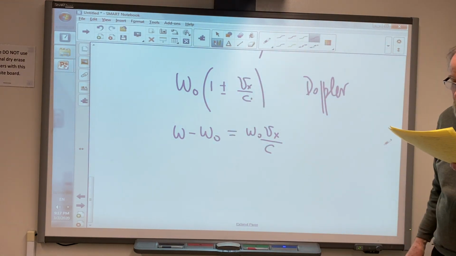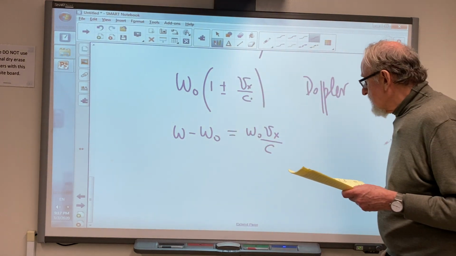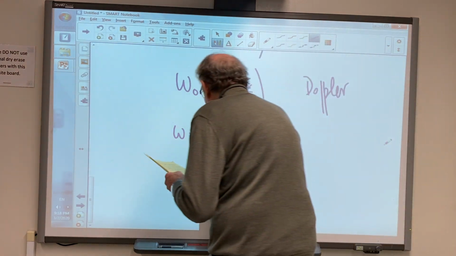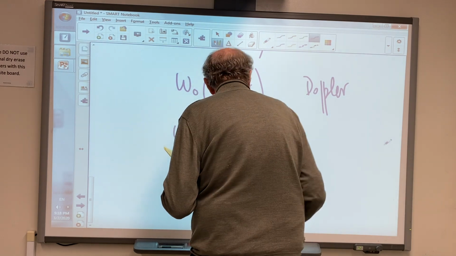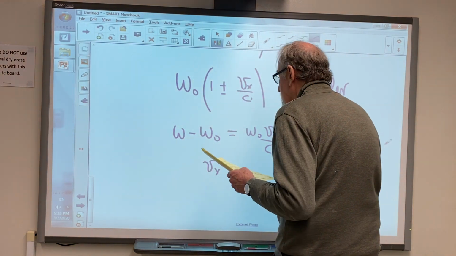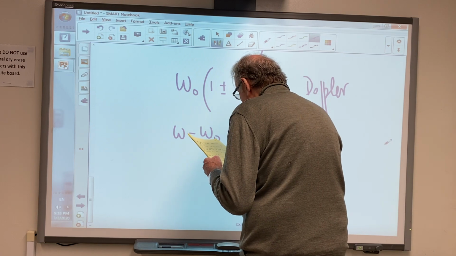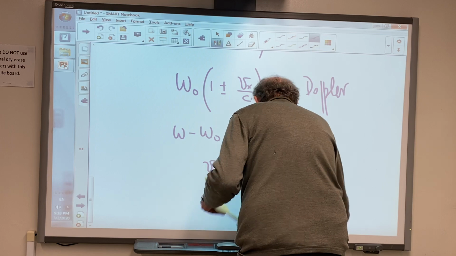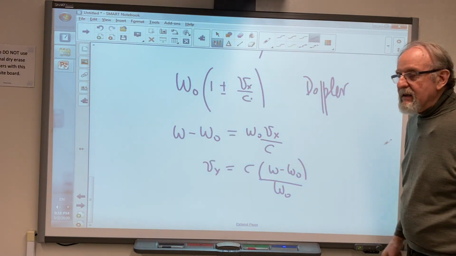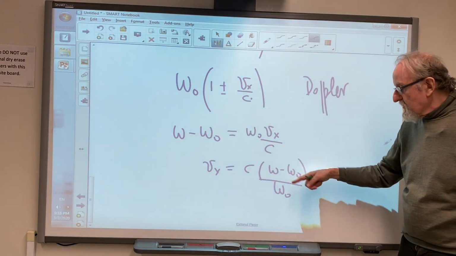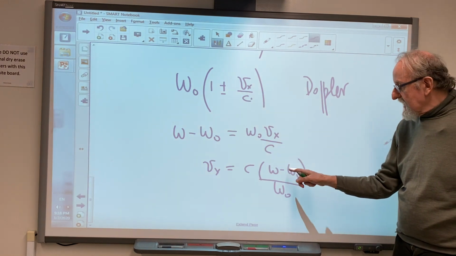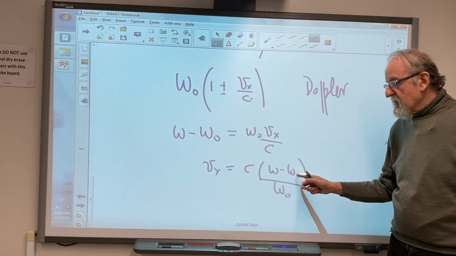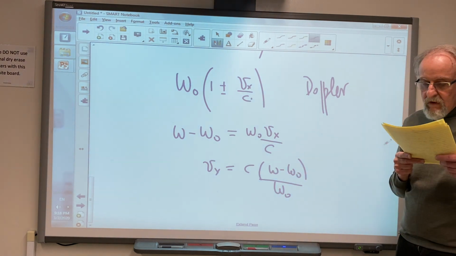Okay? So that much we understand. That means that the Vx shows up as c times (omega minus omega 0) over omega 0. Because there is a variability in the Vx, there will be a variability in the relative spectral width of the line. Instead of being omega 0, it will be in this window.